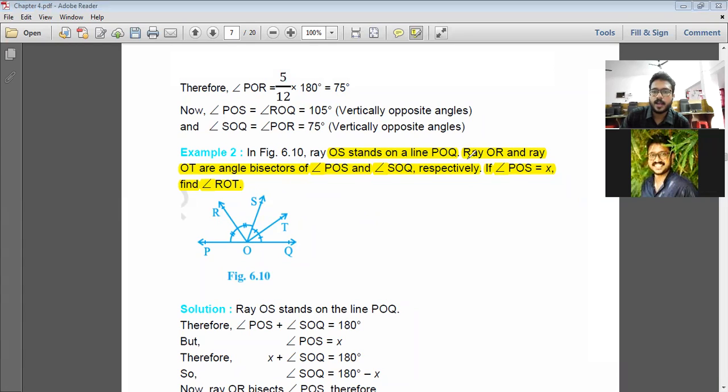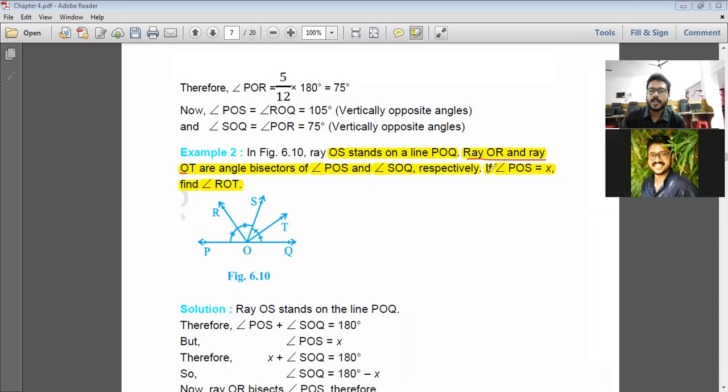Then ray OR and ray OT are angle bisectors of angle POS and SOQ respectively. Clear? Which means ray OR bisects the angle POS and ray OT bisects angle SOQ.